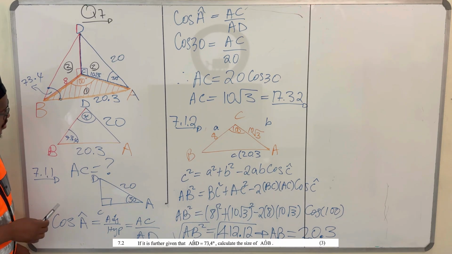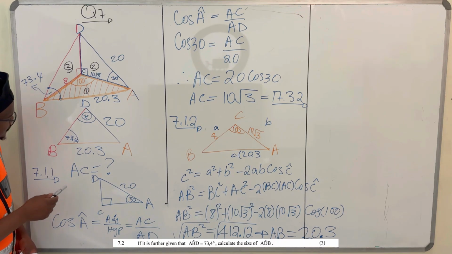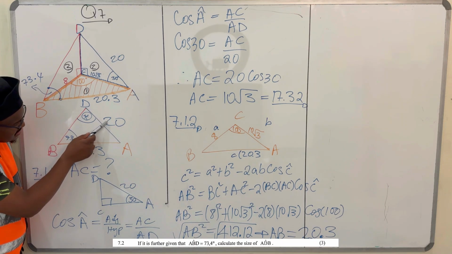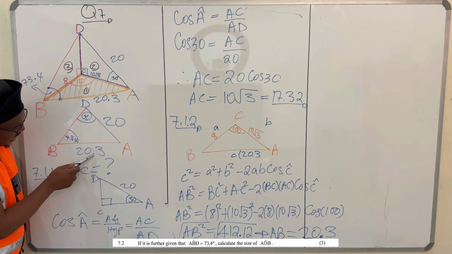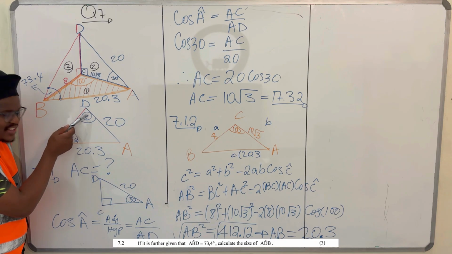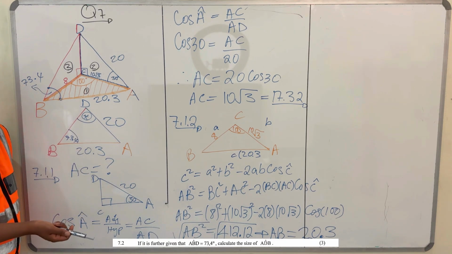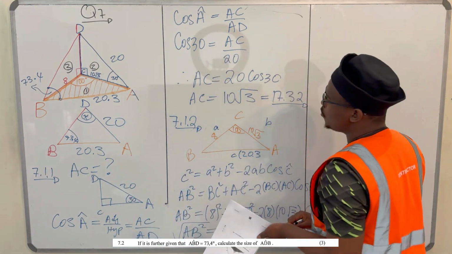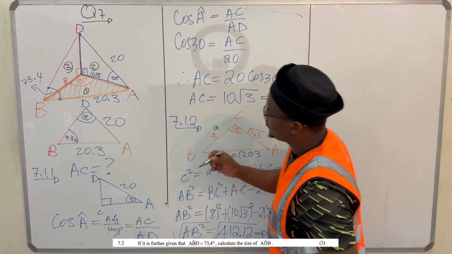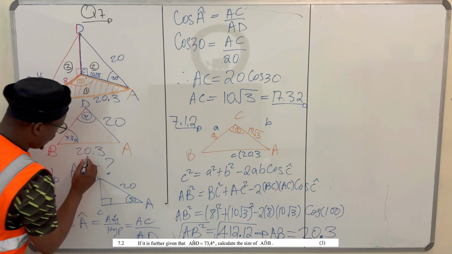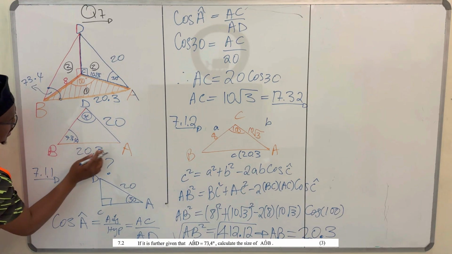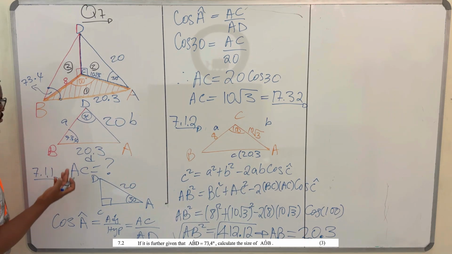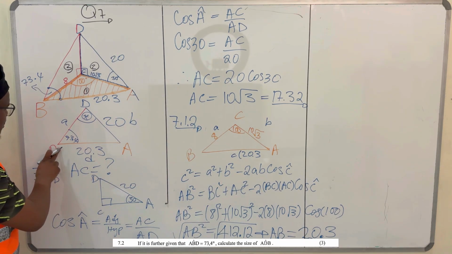It works very well when you have an angle and its opposite side, and you are missing a side but have its opposite angle, and vice versa. So in this case, this is small d, this is small a, and this is small b. You know the sine rule very well.